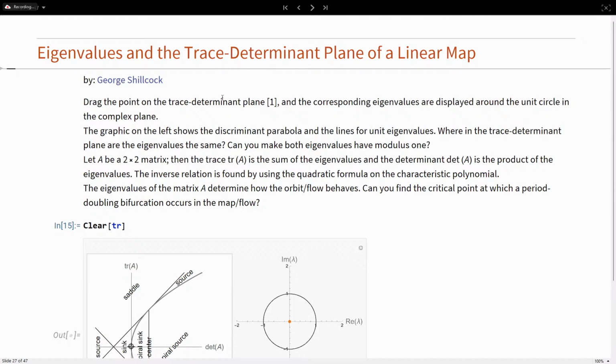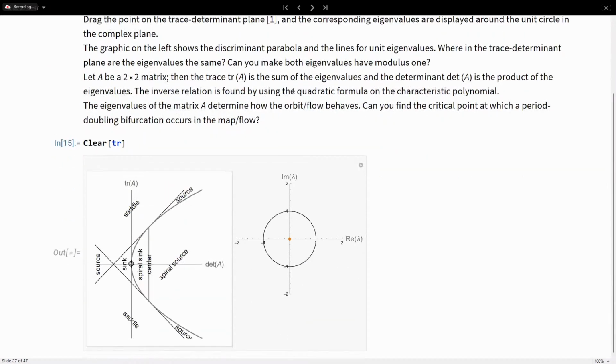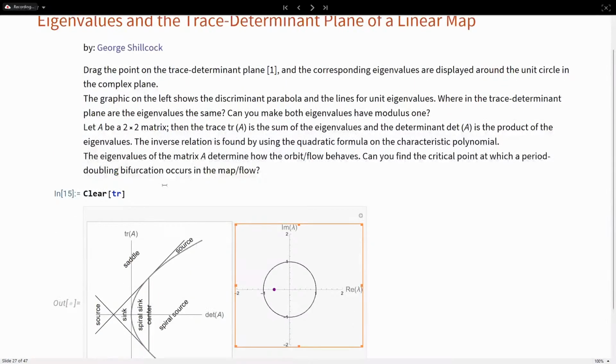Now things get a little bit more complicated. The trace determinant plane of a linear map. Let's see. As we move the point around, we get different properties for the behavior.